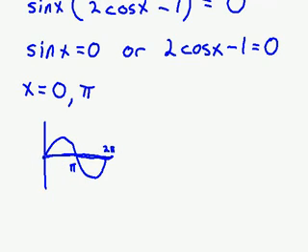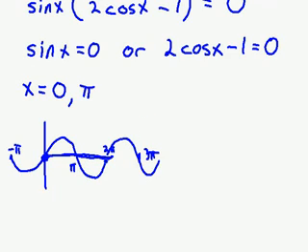It keeps going in the left-hand direction and in the right-hand direction. And at multiples of pi, including 0, negative pi over here, 3 pi over here, and so on, at all multiples of pi, the sine of that value equals 0.